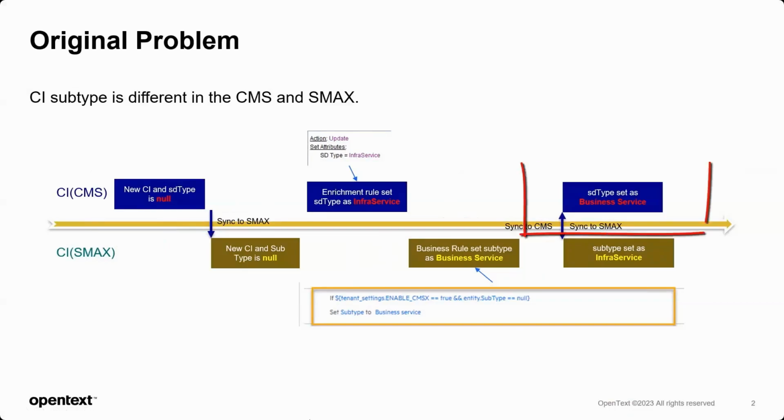You can see here, the CI type of the CI in the CMS was changed from infer service to business service, and the subtype in the SMAX was updated from business service to infer service. That's a problem. We want to have this new enhancement to solve this kind of problem.